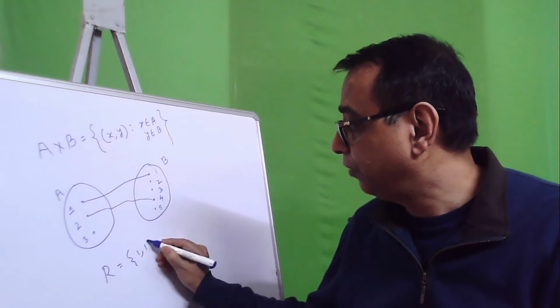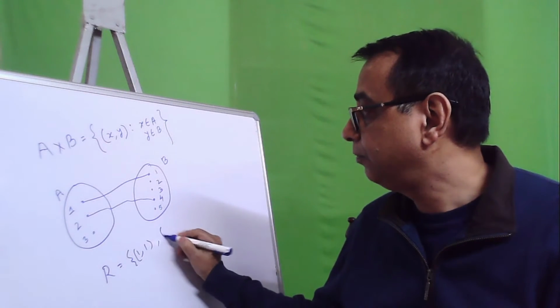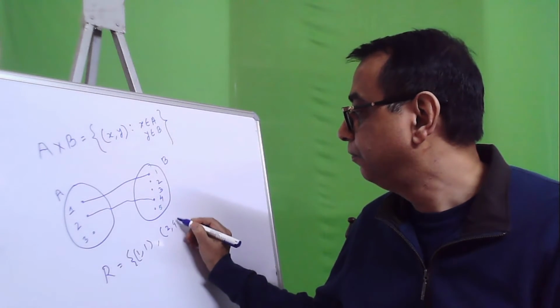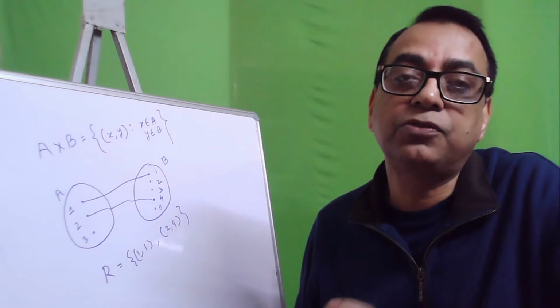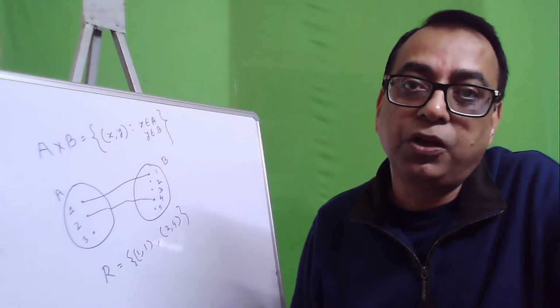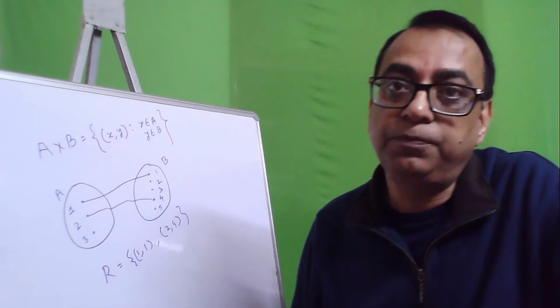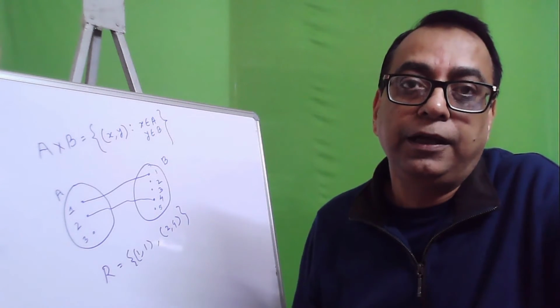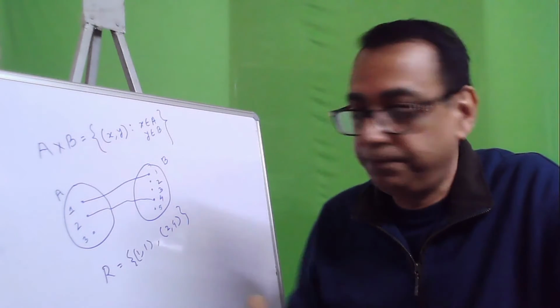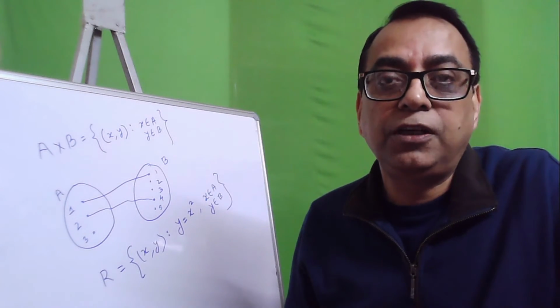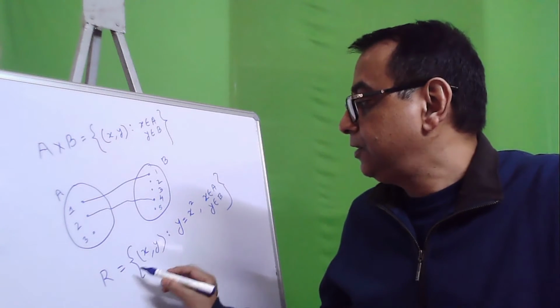One will be 1, 1 and the other will be 2, 4. So out of all 15 ordered pairs, we can have only 2 with a special relationship, and that is called a relationship.